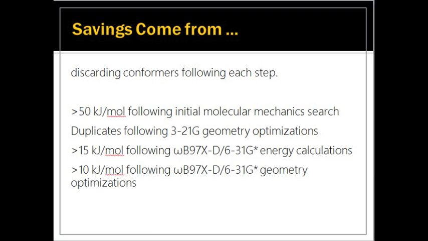Third step is to do the first reasonable energy. We have very poor geometries, but we can now do a reasonable energy, and now we can reduce our energy threshold by an enormous number, from 50 down to maybe 15. And what that does is reduce hundreds to tens. And then finally, we can do an optimization.